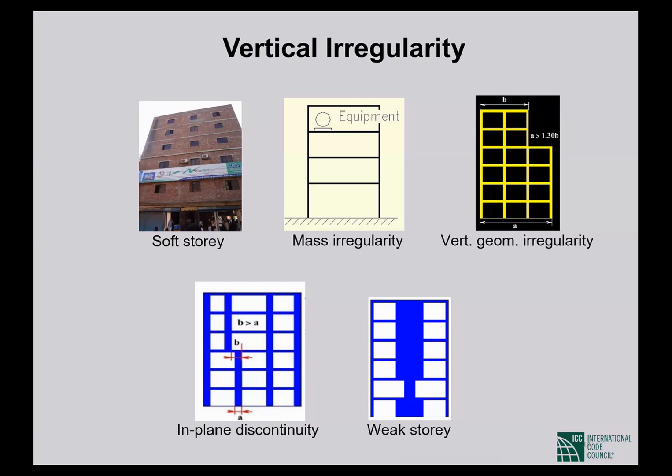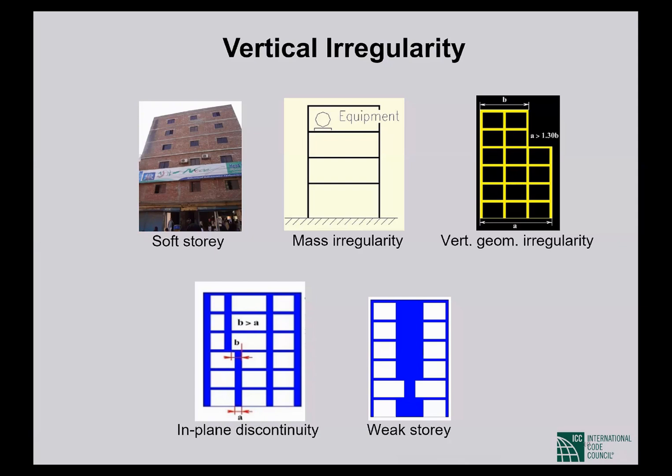This is related to stiffness. If the stiffness of a story is much less, there are specific numbers like 70% or 80%, I would encourage you to read the code to know the exact number.